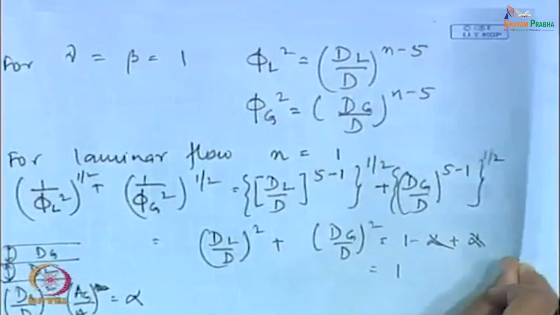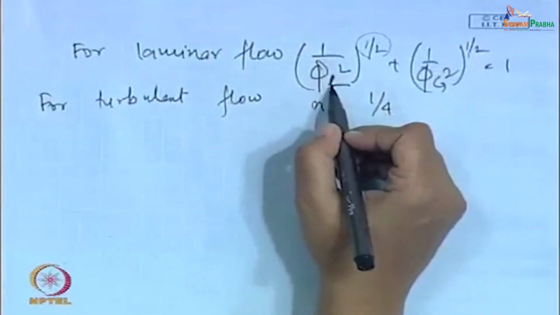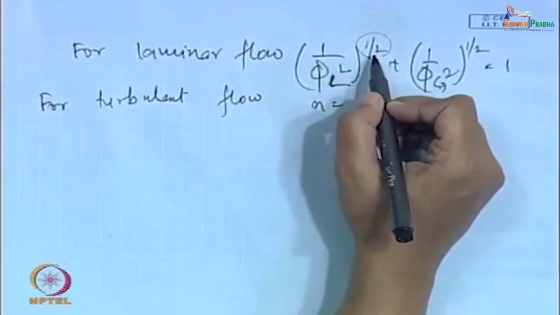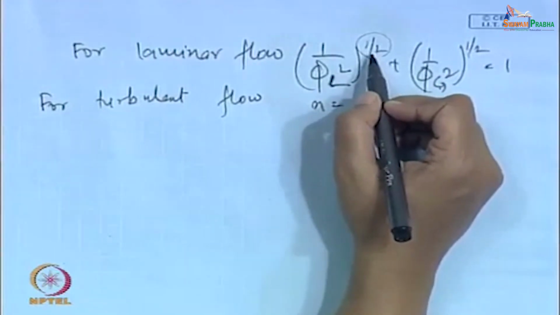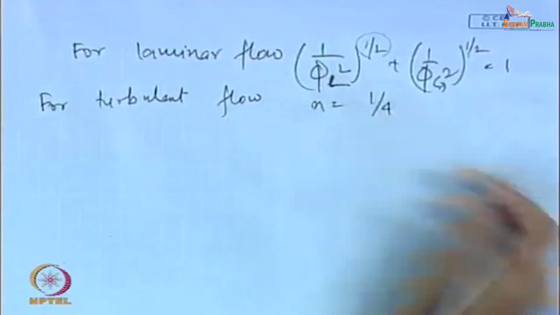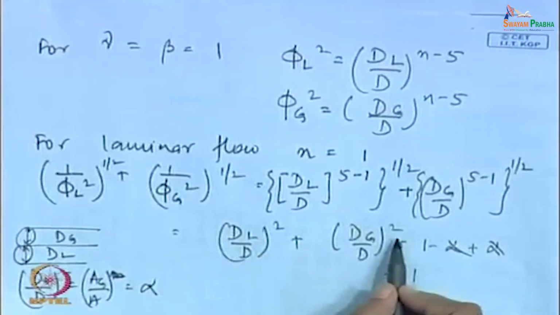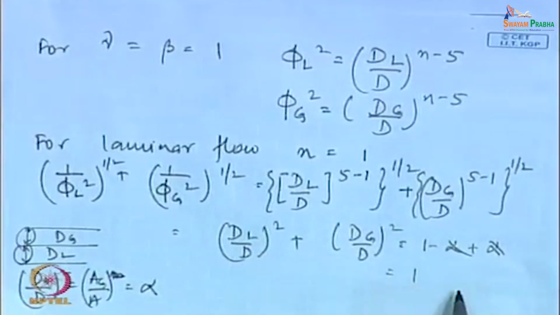Okay. So, if you have to write it in this particular form, then it has to be multiplied by 8 by 19, fine. Then you get a form of dl by d whole square plus dg by d whole square, and finally it becomes equal to 1.